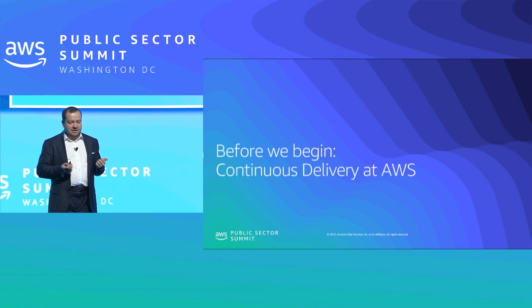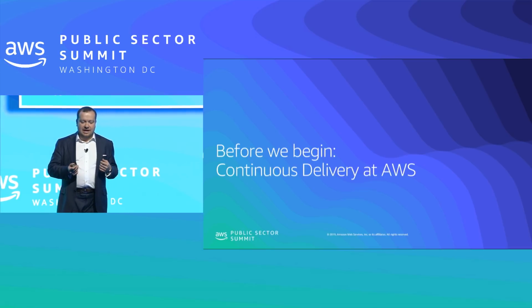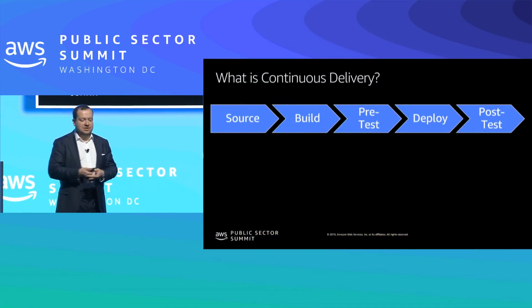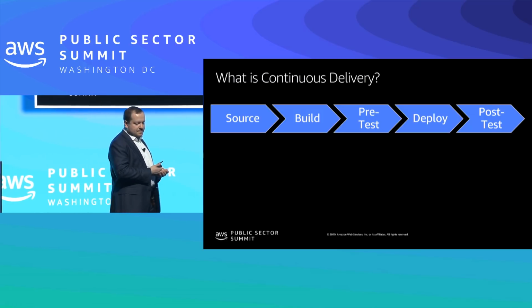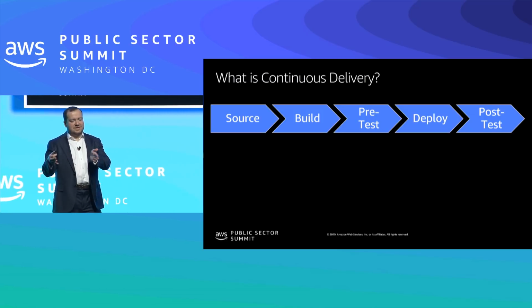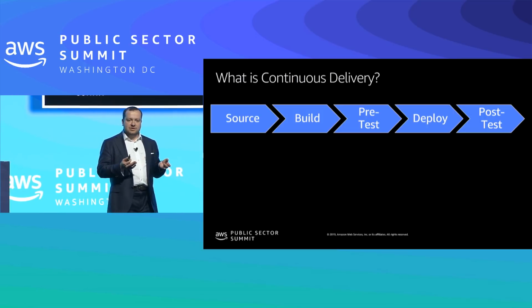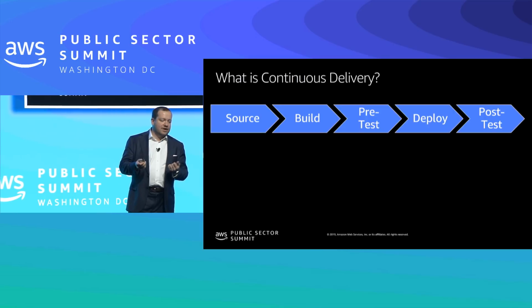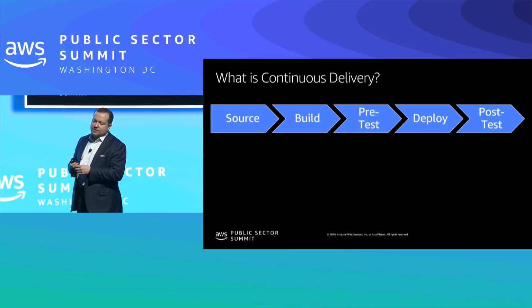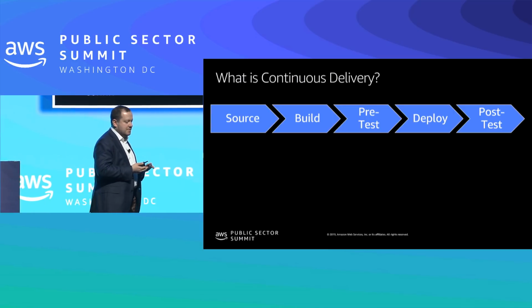Before we begin, let me tell you about continuous delivery at AWS and what that means if you're using our services. These are the different stages of the software development lifecycle, right? You've got your source code, so that's when you're writing your code, you're doing your peer review. And then you've got your build stage, if you have to build your code, if it's a language where it has to be built.